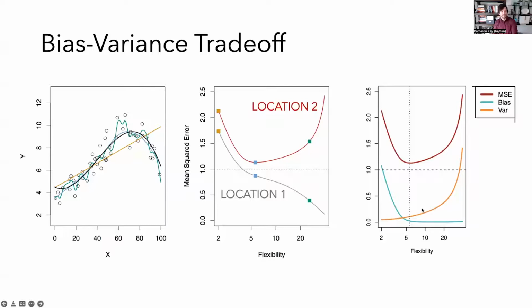We are going to start predicting noise in our training data set, and we are going to generate worse predictions in our testing data set. And so this mean square error line, which is a U shape here, is essentially representing how our mean square error changes over the flexibility of the model. And ideally, we would select the model that has the least amount of mean square error as a function of both bias and variance. So we want to pick a model that is just about here.